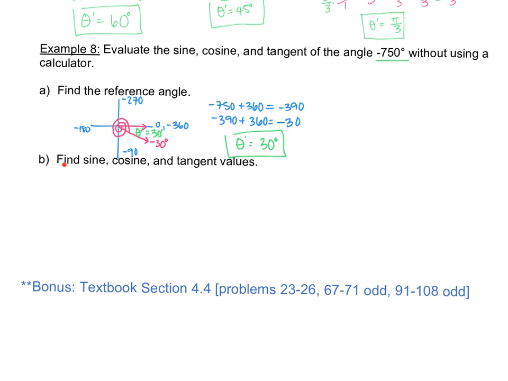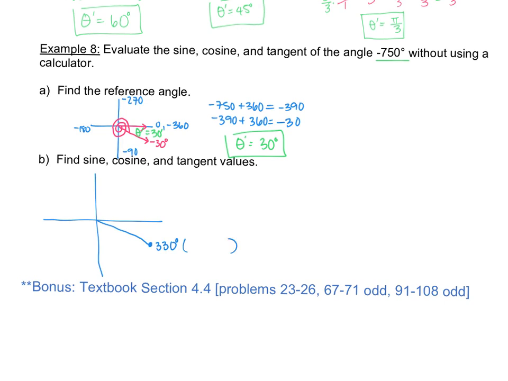All right, then we need to find sine, cosine, and tangent. And this is where we need to grab probably the unit circle to help us out. Let me just draw us a picture so we can visualize it together. So here's our negative 30 degrees. On the unit circle, negative 30 degrees is also equivalent to 330 degrees.